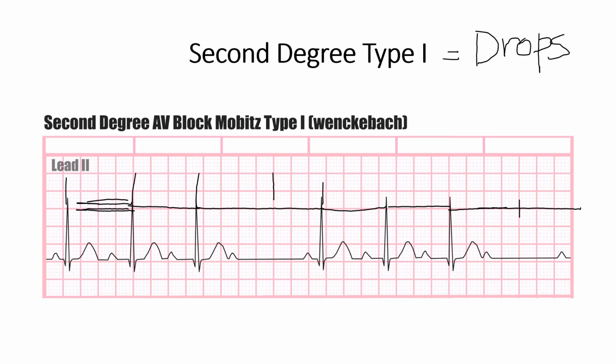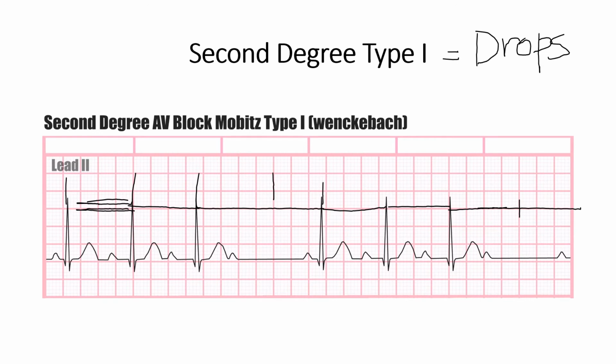Second degree will always drop. Now, the last thing we have to do is tell what's happening with our PR interval. Here's a little trick. If you're really good at identifying drops, well, you have to be, because if you don't identify the drop and second degree does drop, you're going to miss the definition of it.